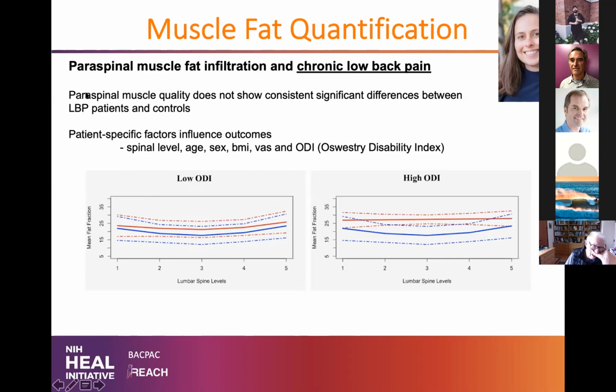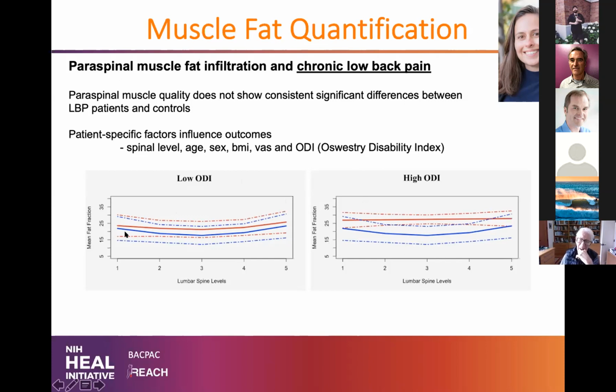What she found is that paraspinal muscle quality does not show consistent significant differences between patients with chronic low back pain and controls. However, once she split the patient group into two groups, one with low ODI and one with high ODI, where ODI is a patient-reported disability index, she found differences.